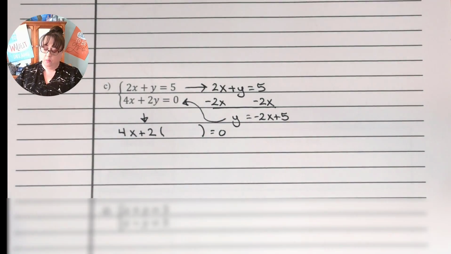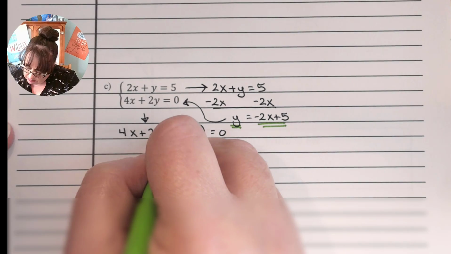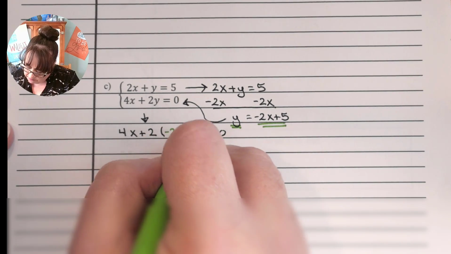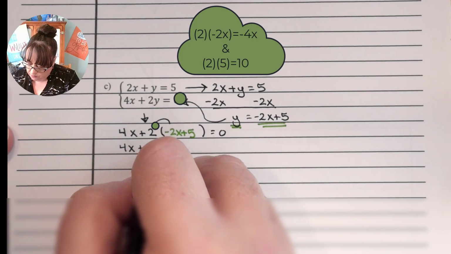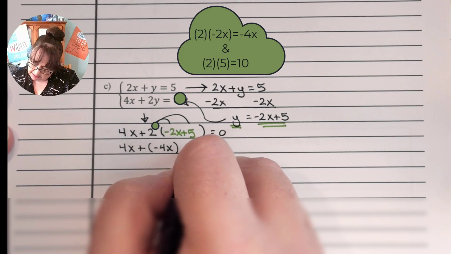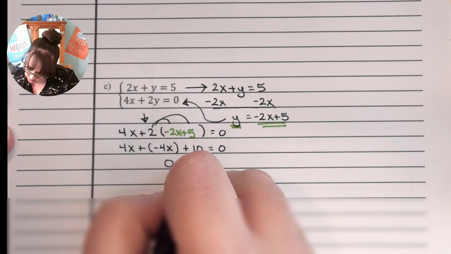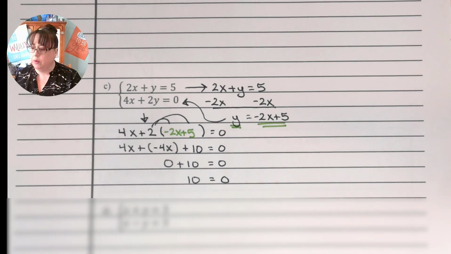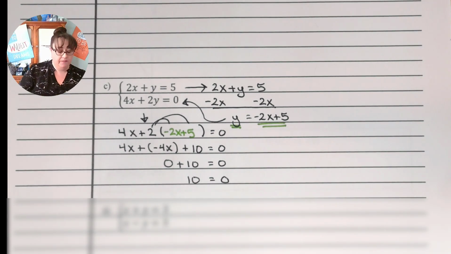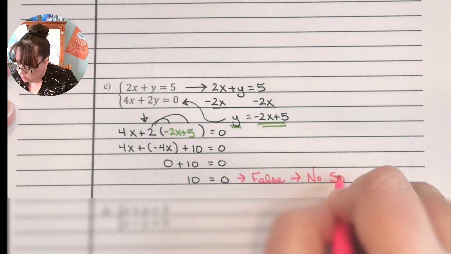But now instead of y, I'm going to put in -2x plus 5. So 4x plus -4x plus 10 equals 0. So 4x minus 4x is 0. So 0 plus 10 equals 0. So 10 equals 0. So again, here we're looking at a false statement. And since it's false, it's no solution.